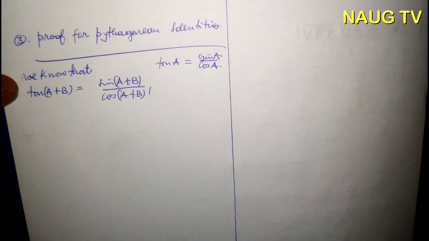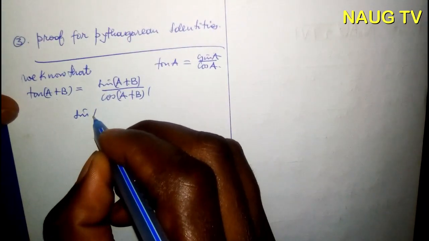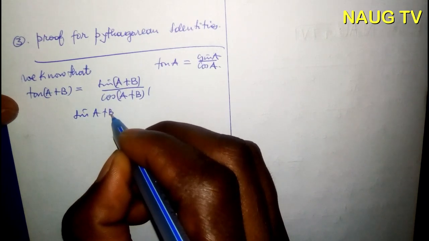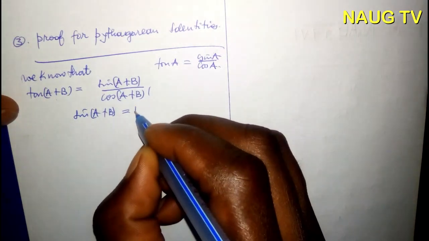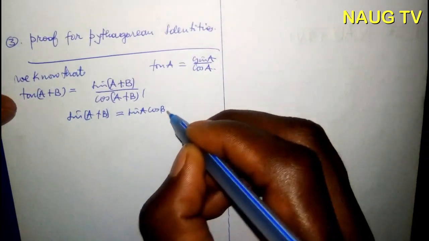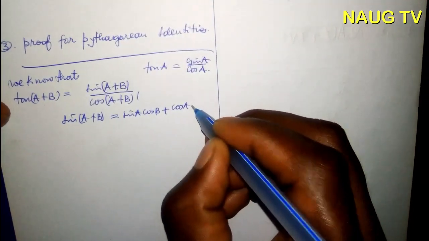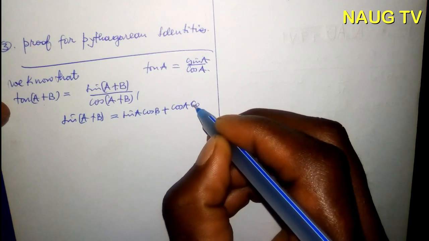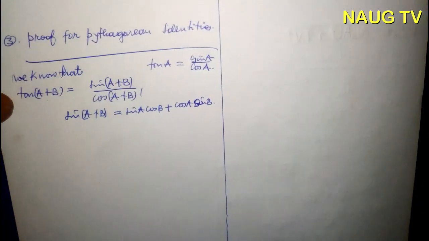So we have seen that sine of A plus B equals sine of A times cosine of B plus cosine of A times sine of B, right?